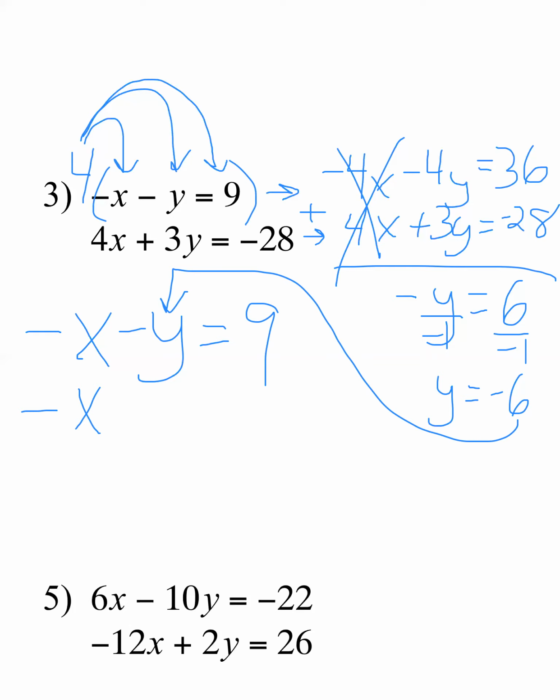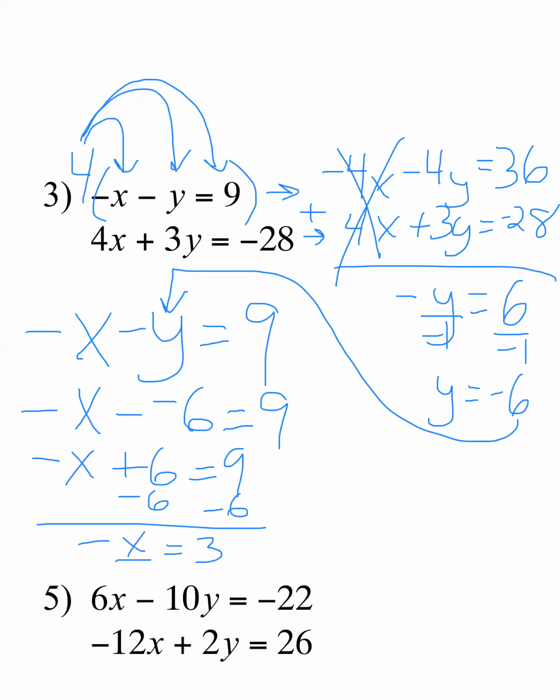So it's really minus -6. So what does minus a negative really become? Plus, right? So now let's go ahead and subtract 6 from both sides. Divide by that -1. So I get x is going to be -3. Okay, so now I have both. So my answer is -3, comma, -6.